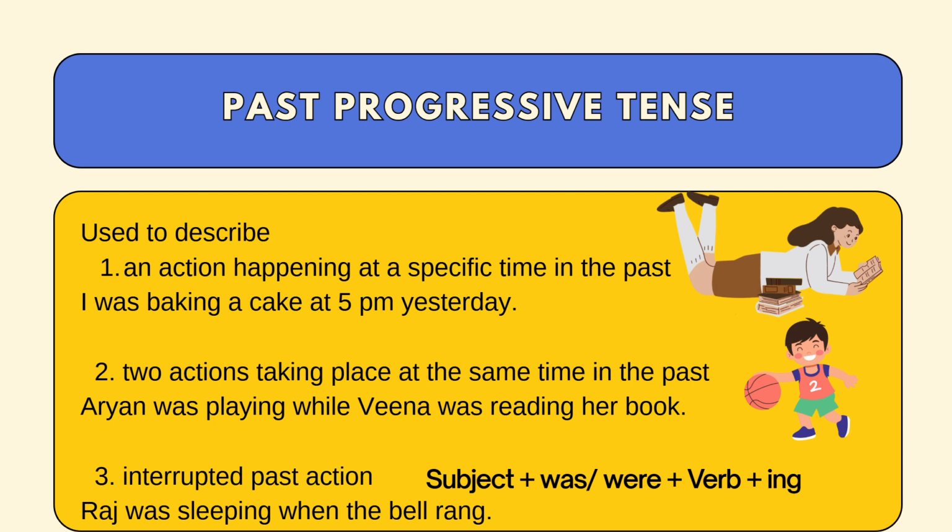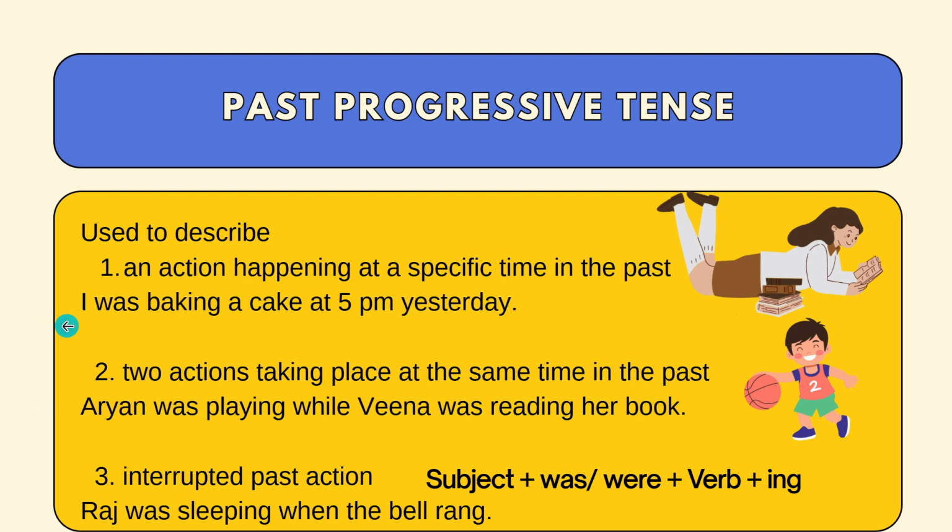For example, I was baking a cake at 5 p.m. yesterday. So at 5 p.m. yesterday, this was the action that was taking place. If you look at the structure, it is subject plus was plus verb plus ing. Since I is a singular subject, we are using was. If it were you or a plural subject, then you will use were plus verb plus ing.